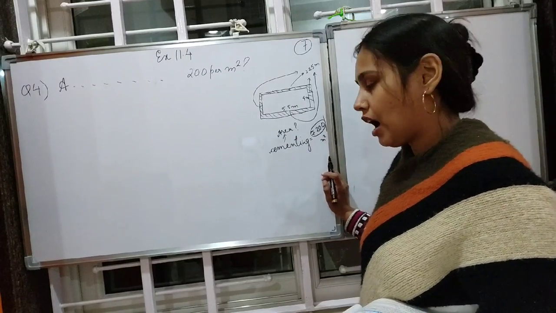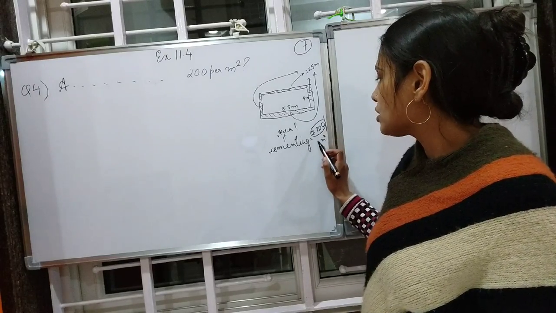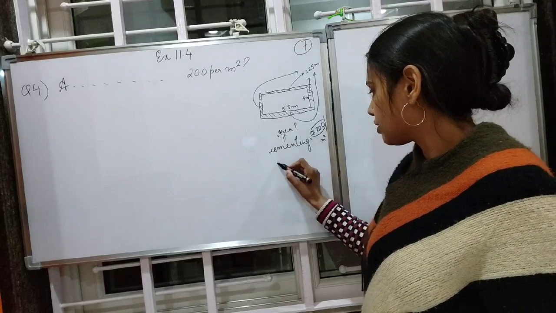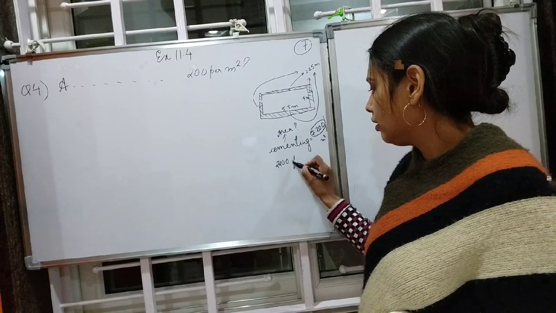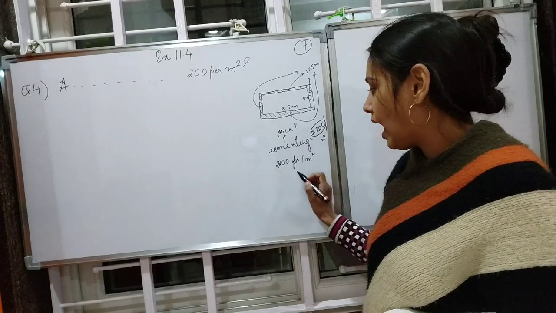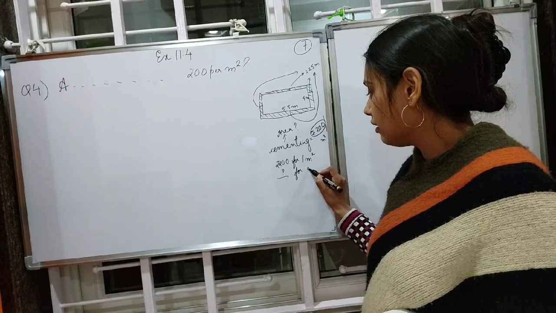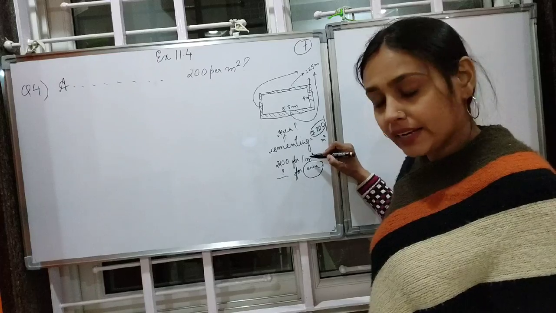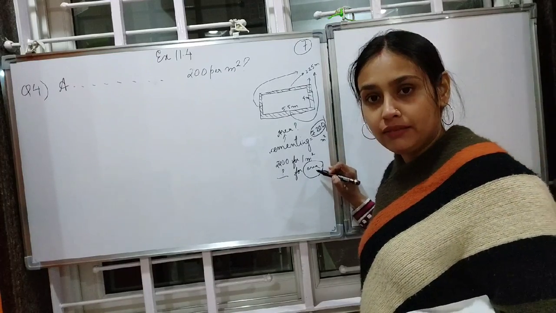But how? Let's see. Rupees 200 is for 1 meter square. And how much rupees for the entire area? Now this entire area will obviously be greater than 1 meter square, that means it will be many.